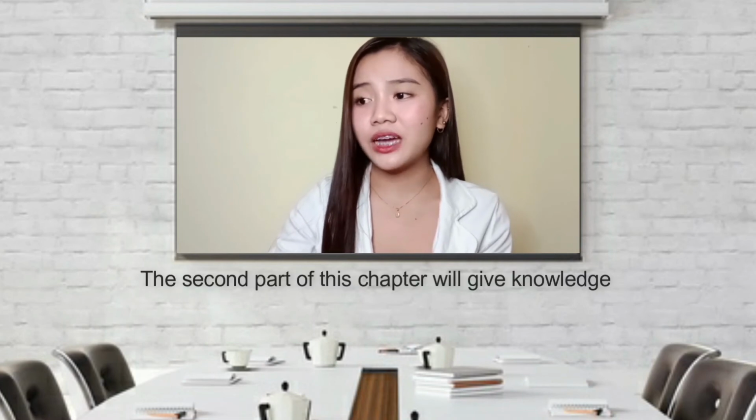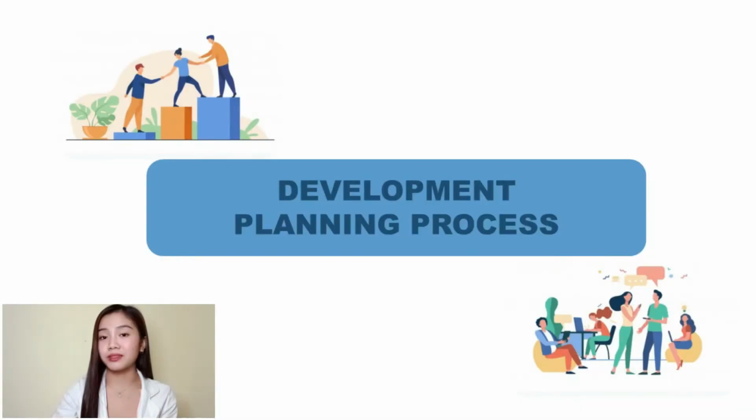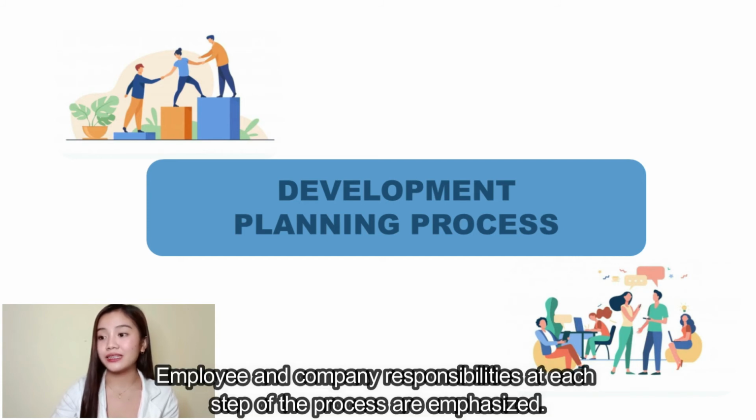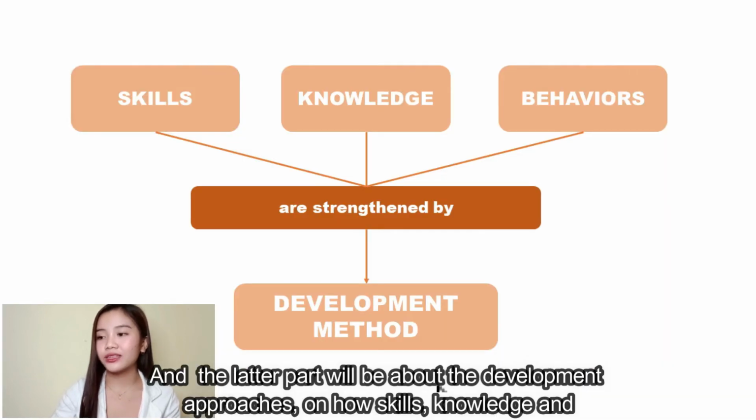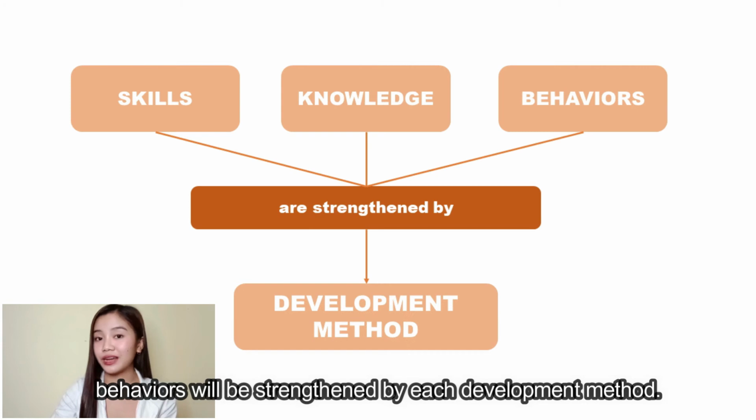The second part of this chapter will give knowledge about the development planning process. Employee and company responsibilities at each step of the process are emphasized. And the latter part will be about the development approaches on how skills, knowledge, and behaviors will be strengthened by each development method.